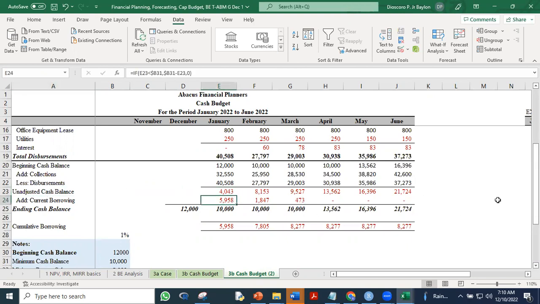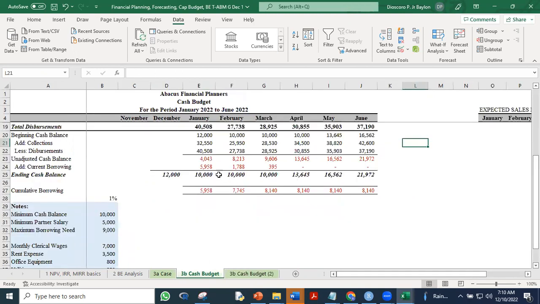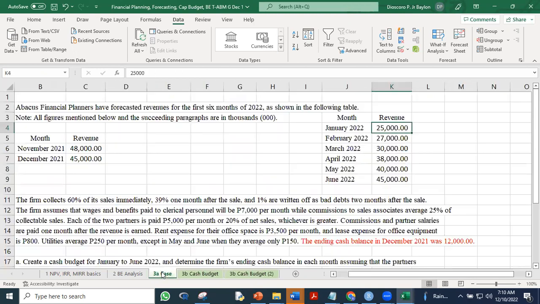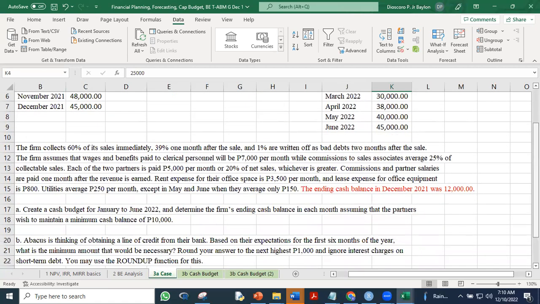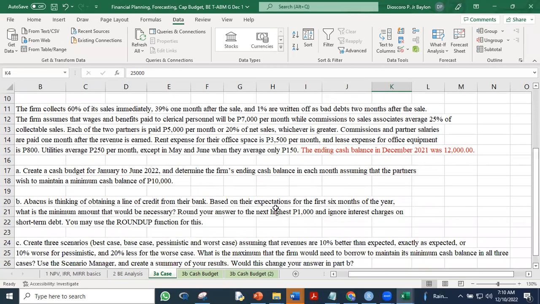So we need to borrow from the bank or from the financial institution. And we're told that the borrowing is only in increments of 1,000. So the company can borrow 1,000, 2,000, 3,000, 4,000, 5,000, etc. So it cannot be exact pesos.